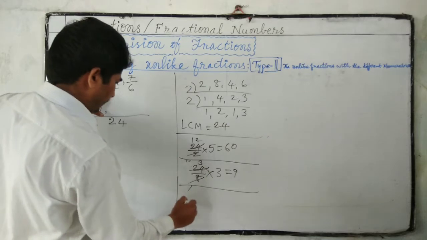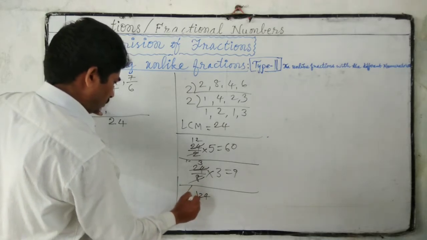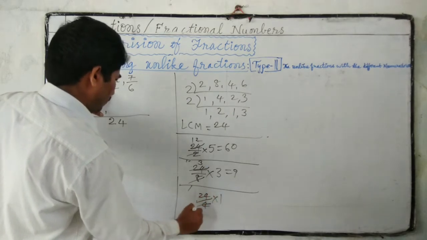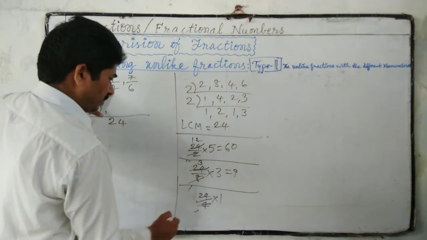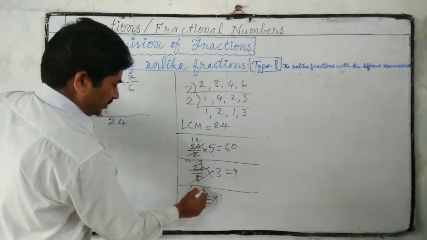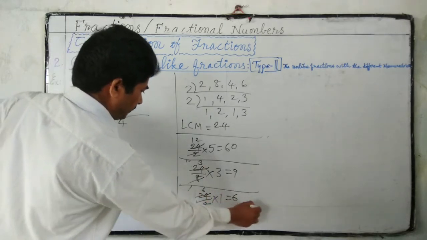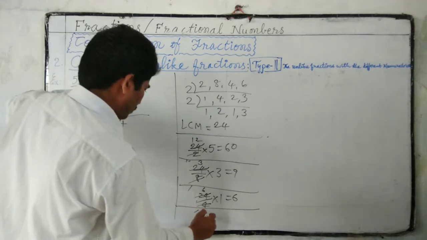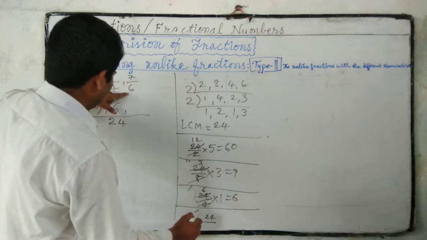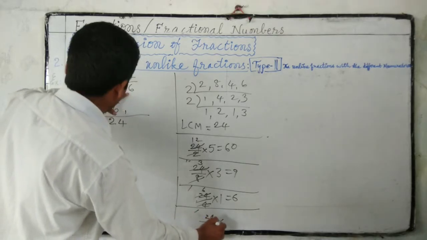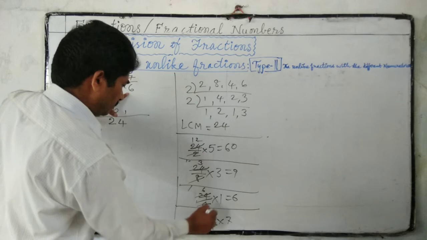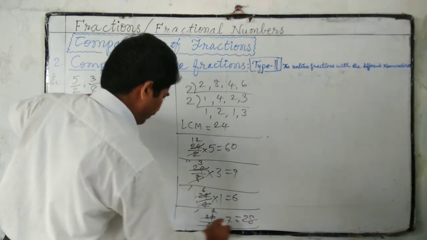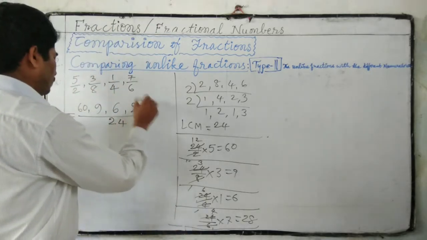Next, this fraction: 4 into 1, 4 ones are 4, 6 are 6, 6 ones are 6. 24 by 6 into 7, 6 ones are 6, 4 sevens are 28. 28.